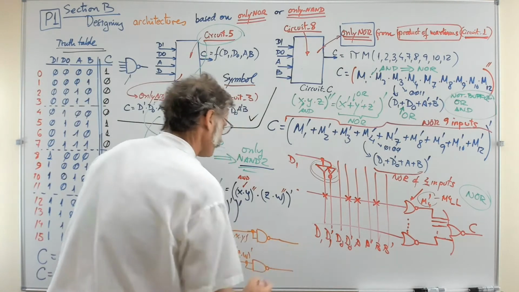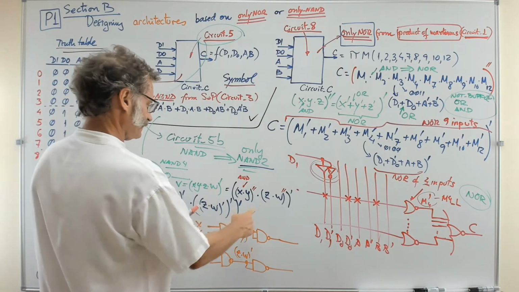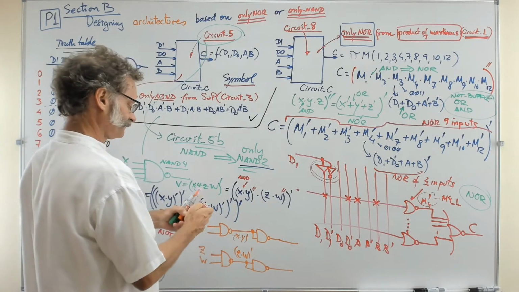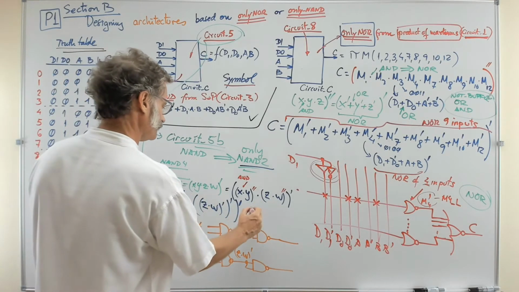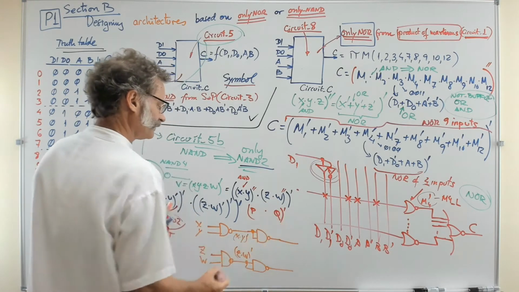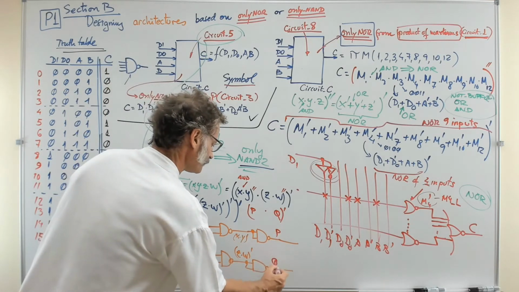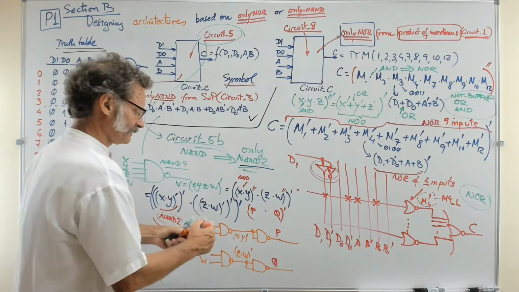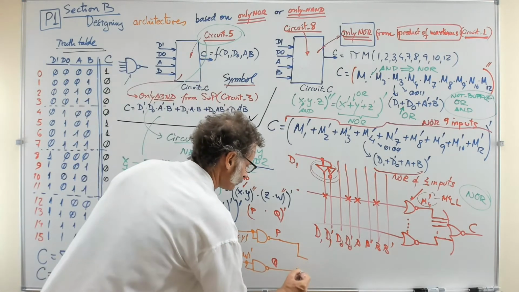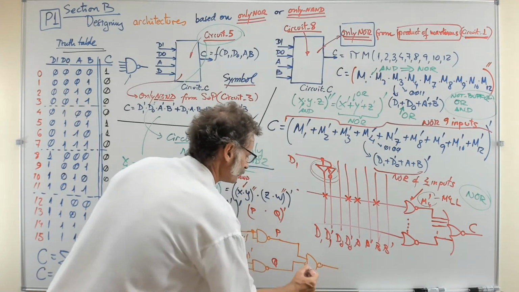And finally, this is P, Q, and NOT. So this is the wire P, this is the wire Q, and what is left is a final NAND of 2 inputs.